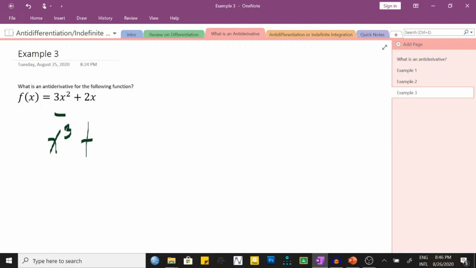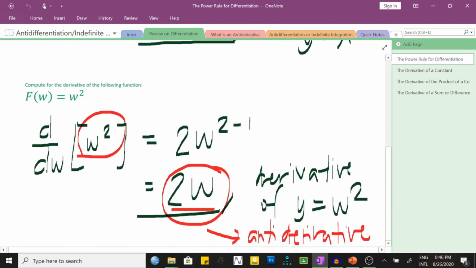How about 2x? What is an antiderivative of 2x? Well, this is 2w, it's not 2x, but we can actually adjust, we can pattern it here. The derivative of w squared is 2w.